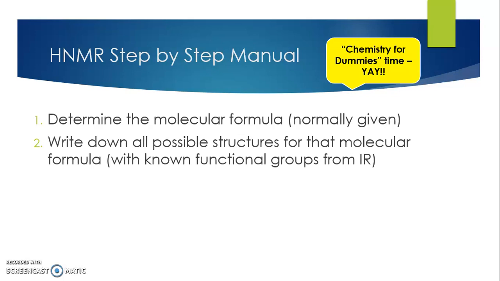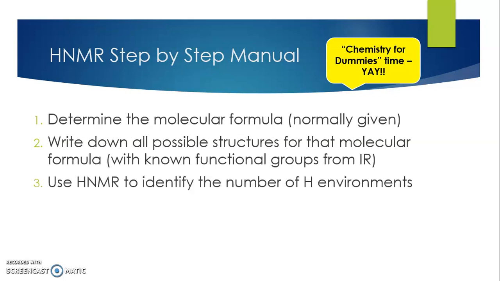Okay? And then write down all the possible structures for that particular molecular formula. Normally, when we reach HNMR, we would already know the functional groups that actually exist in that particular compound. That's why we introduced IR first. Okay?